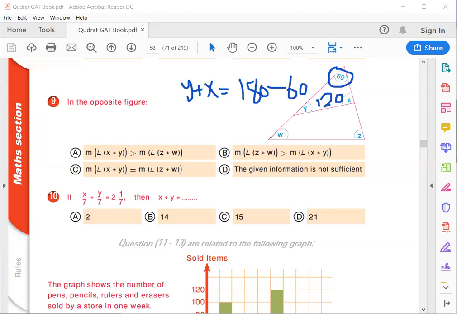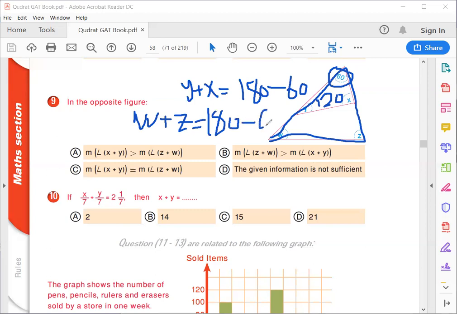If I go to the big triangle, that is the same. The value plus z equals what? 180 minus this angle, minus 60.